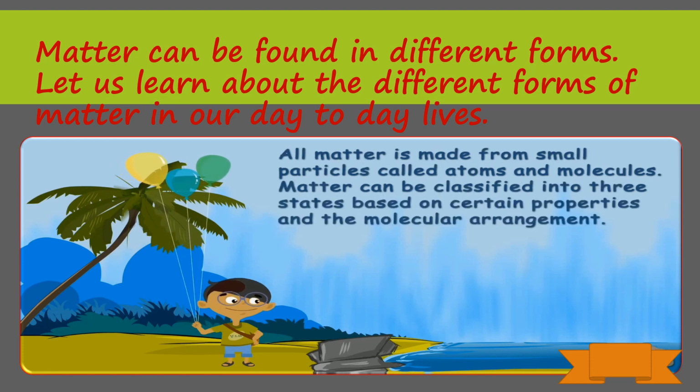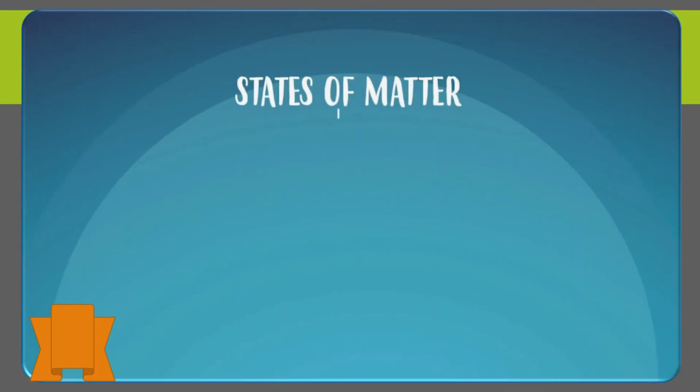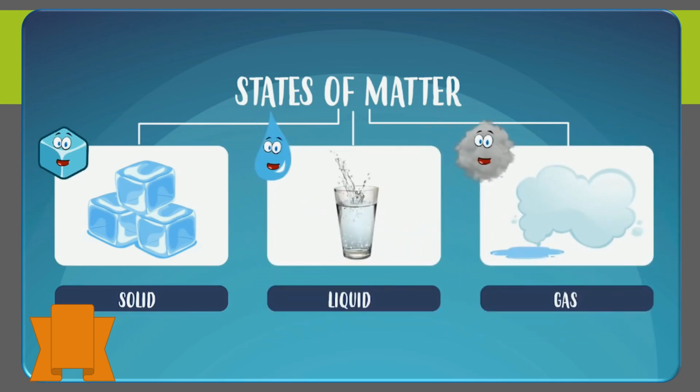All matter is made from small particles called atoms and molecules. Matter can be classified into three states based on certain properties and their molecular arrangement, that is, solid, liquid, and gas. In our day-to-day life, matter can be found in three states: solid state, liquid state, and gaseous state.